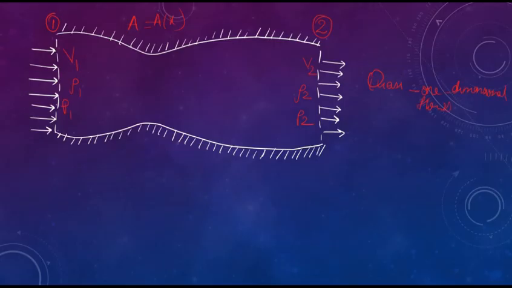Although this flow is an approximation because it is actually 3D, as we discussed a few minutes ago, right? The flow is three-dimensional in ducts, but the results we are getting are mostly accurate and we can use them for most aerodynamic applications.